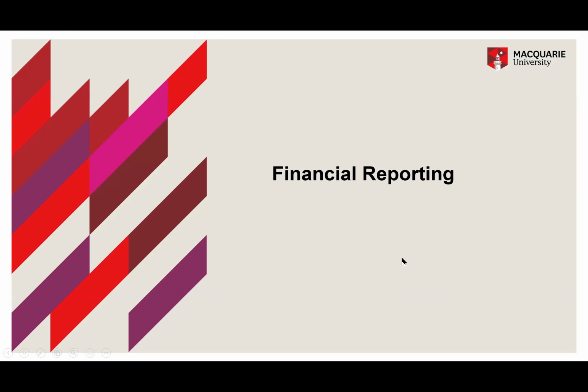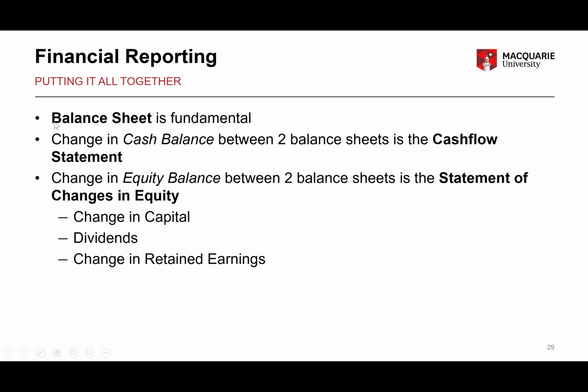All right, so just some additional issues here related to financial reporting. The balance sheet that we've looked at, or the statement of financial position, is fundamental, right? So it's showing us what is the position of the firm at a particular date, all of the assets, liabilities, and owner's equity. Right? Now, what are some links here that we've noticed?